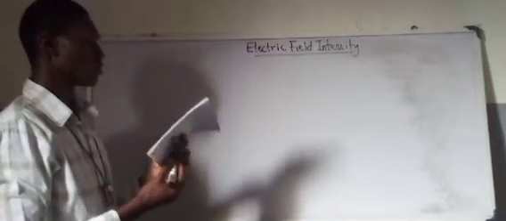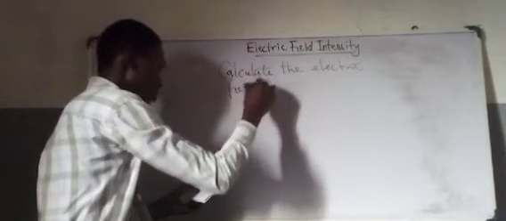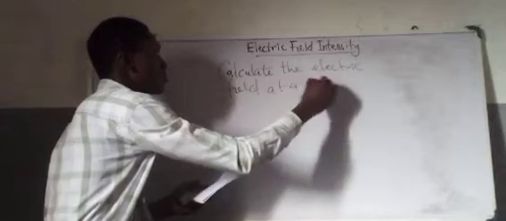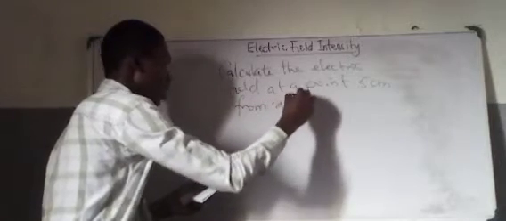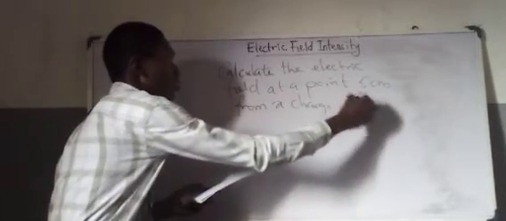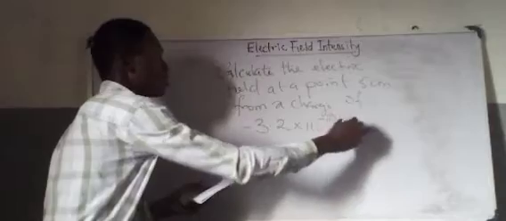Suppose we are told to calculate the electric field at a point 5 cm from a charge of magnitude 3.2 times 10 to the power minus 19 coulomb.